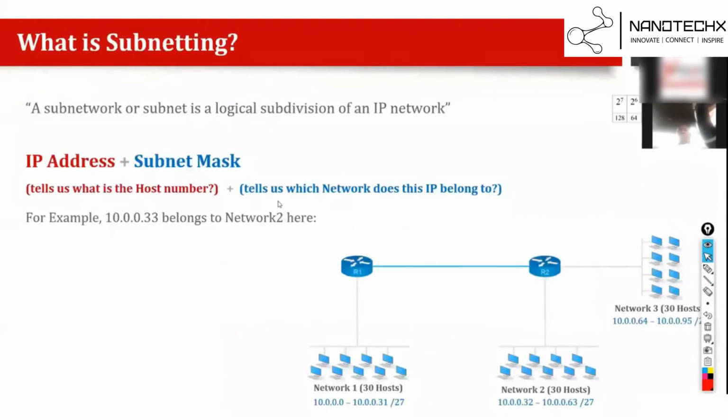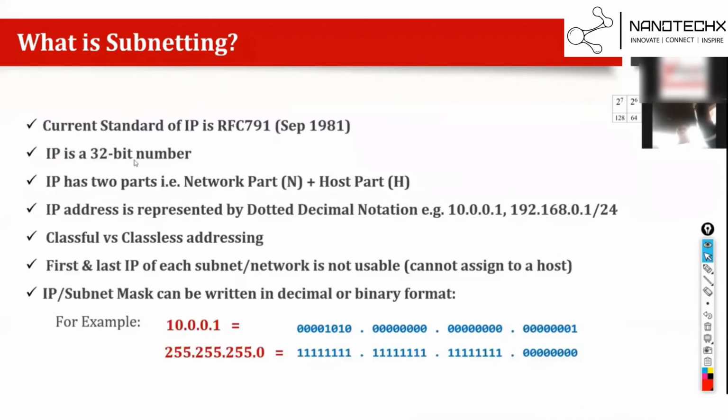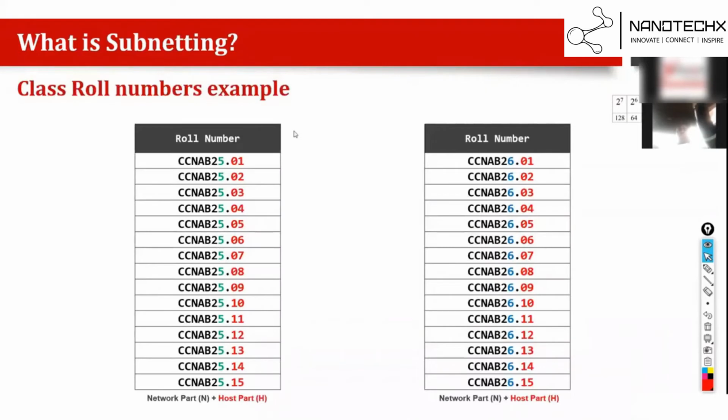Okay, first of all, IP subnetting. Yesterday we discussed why we need subnetting at all. We need subnetting so that we can take one network and divide the hosts into multiple small networks. Each IP address has 2 parts, the IP address and the subnet mask. The IP address tells us the number of the host, and the subnet mask tells us where it belongs. We discussed this with some examples, like the roll number example from our training courses.